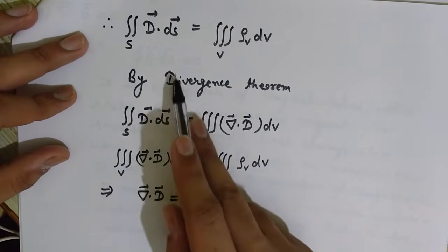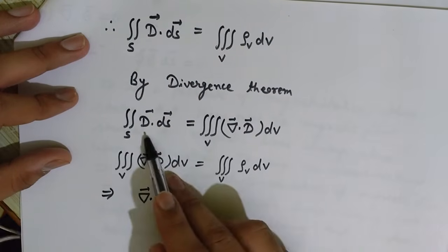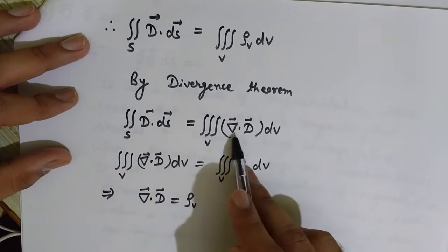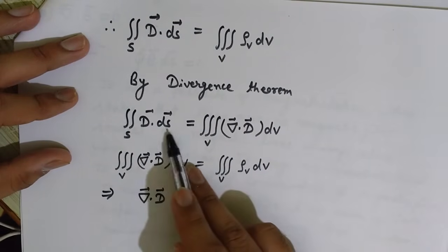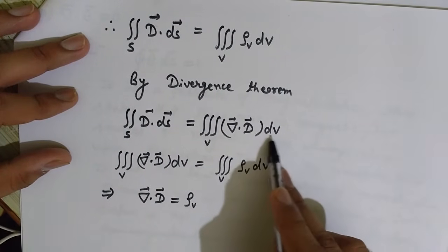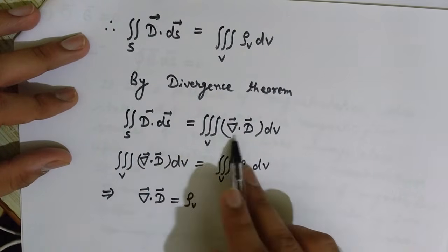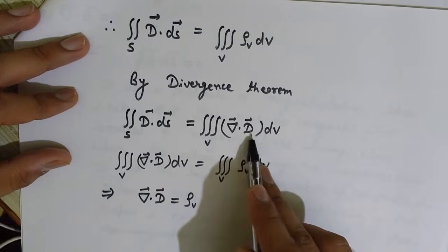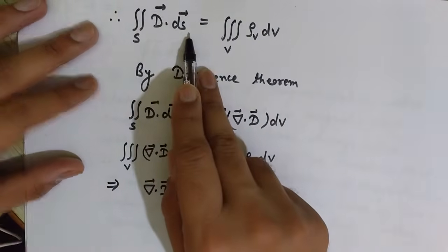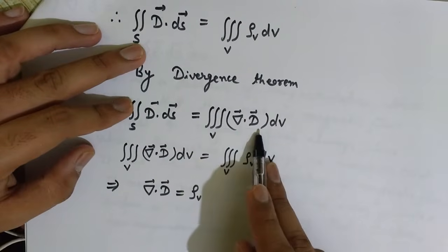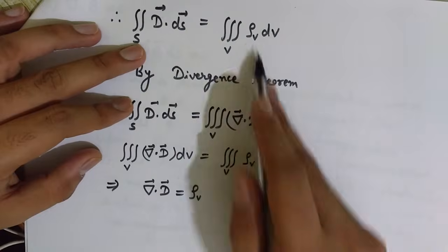So it converts the surface integral of D dot dS into the volume integral of divergence of D dv. This surface integral has been changed to a volume integral by taking the divergence of this vector field, the electric flux density. In place of the integral of D dot dS, I am writing the volume integral of divergence of D dv, and the other side is as it is.